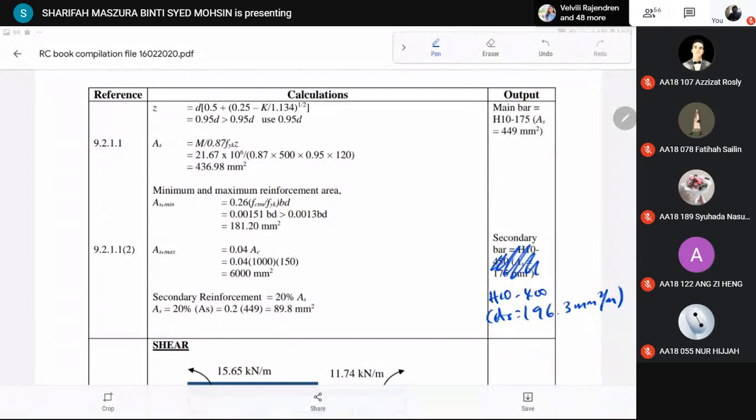Okay, so that is for our main reinforcement design.